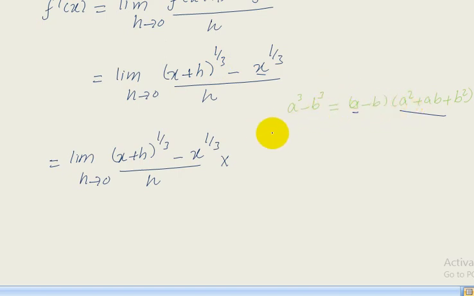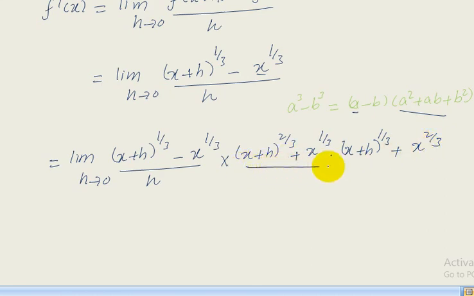So square of this function becomes x plus h whole raised power 2 upon 3 plus ab, means product of these two terms, which is x raised power 1 upon 3 and x plus h raised power 1 upon 3, and b square means cube root of x square, which is equal to x raised power 2 upon 3.